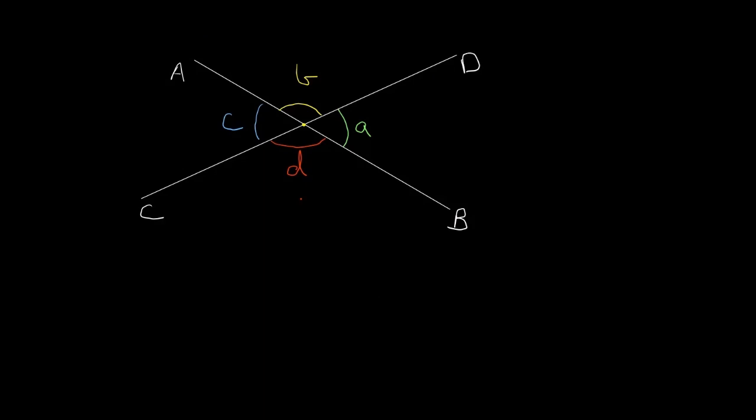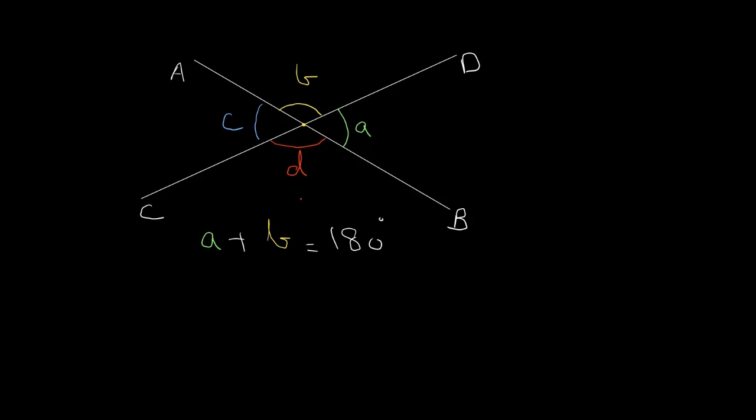Since AB is a straight line, we know that A plus B must equal 180 degrees, because that's what we know about angles on a straight line. Similarly, we know that CD is a straight line.